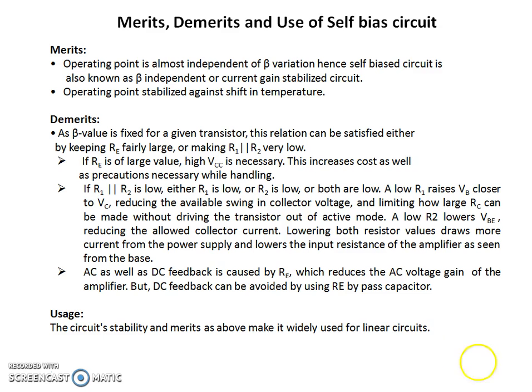Now let us look at merits and demerits and use of self bias circuit. Merits of the self bias circuit is operating point is almost independent of beta variations, hence self bias circuit is also known as beta independent or current gain stabilized circuit.